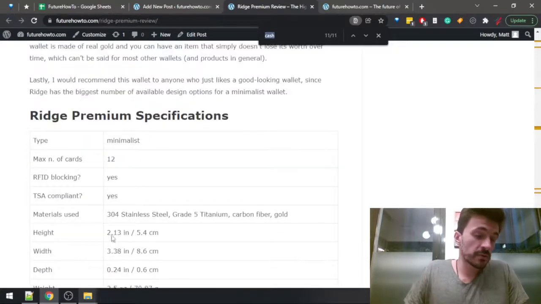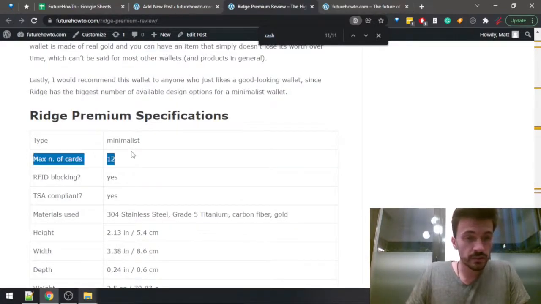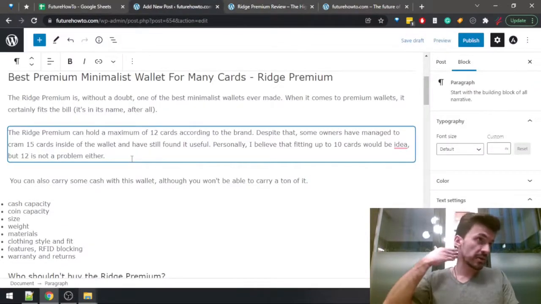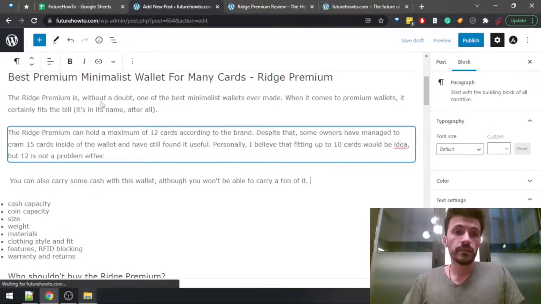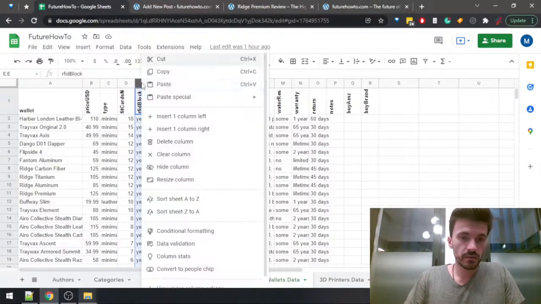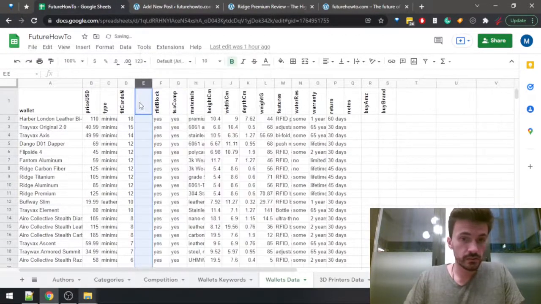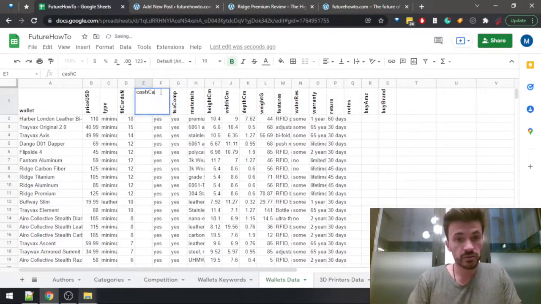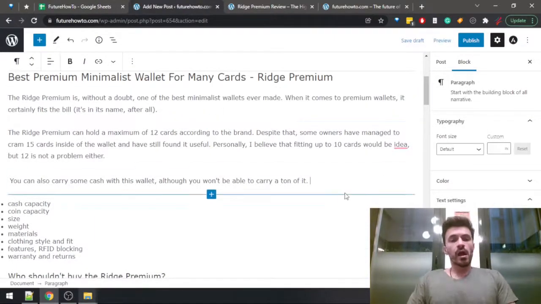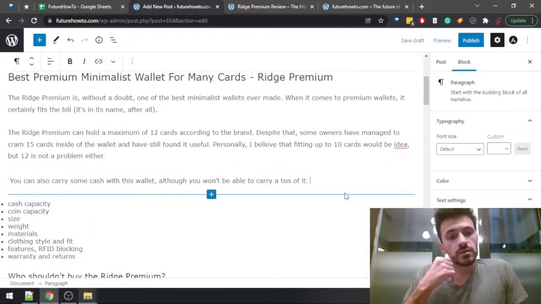I just remembered, it's a good idea to add cash capacity as well as a spec in the table. In fact, I'm just gonna do that right now. So cash capacity, and I'm probably gonna fill it out at some point. You can carry some cash.